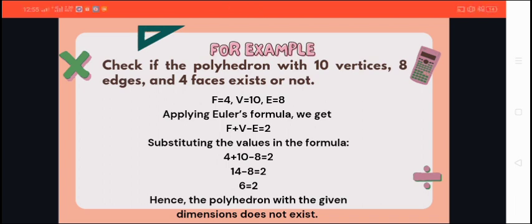Substituting the values in the formula, the faces is 4 plus the vertices is 10 minus the edges is 8 equals 2. 4 plus 10 equals 14, minus 8 equals 2. 14 minus 8 is 6, which is not equal to 2. So the equation is not equal. We can conclude here that hence the polyhedron with the given dimensions does not exist.